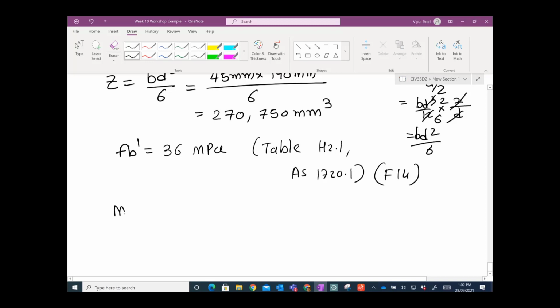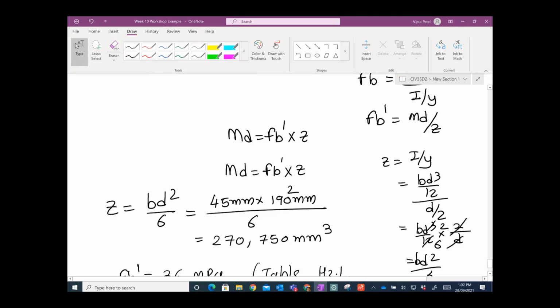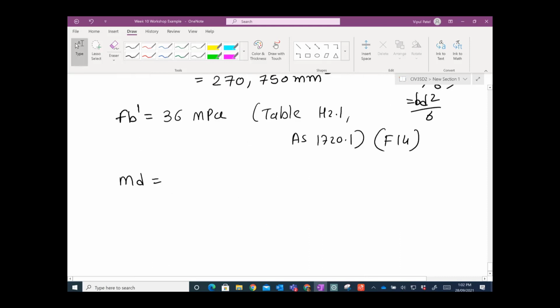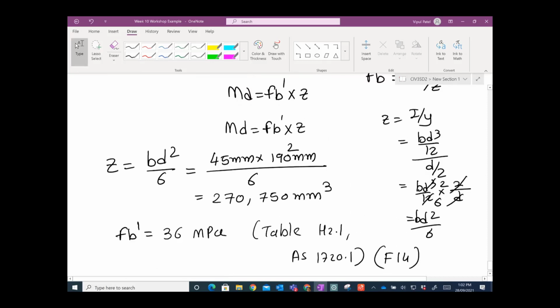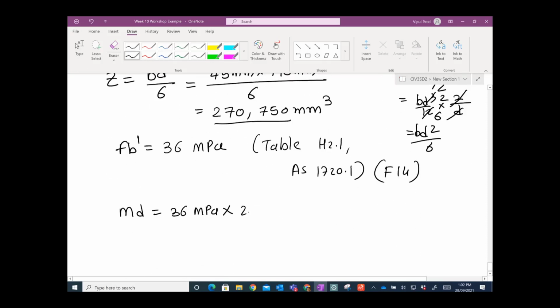Now let's calculate the moment MD. Of course, there are no factors at the moment. It's just the mechanics of solid students, not the third year students. FB dash is 36 megapascals bending strength times by Z value we calculated, 270,750 millimeter cube. So you have 36 times 270,750.